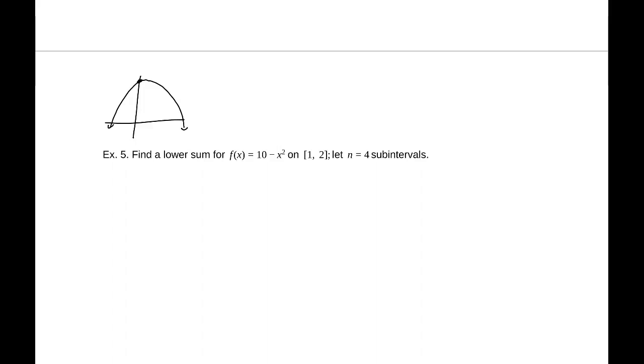So from 1 to 2, this is the area we're concerned with. If you notice, this is a decreasing function, so the lower sum is actually going to be coming from the right. The lower sum is Rn if it's decreasing.